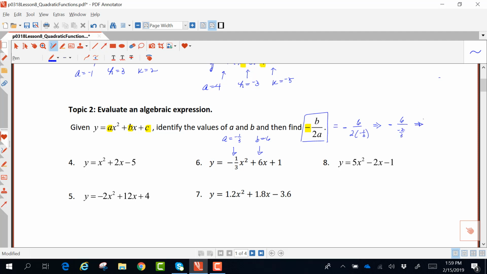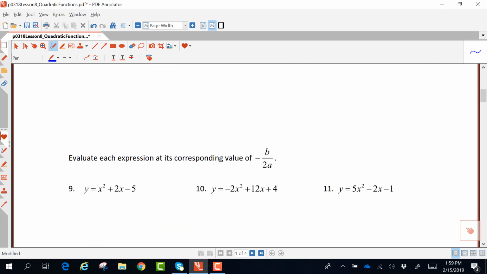Well, a negative divided by a negative is a positive, so we could refer to this as 6 divided now by a +2/3. And division by a fraction is the same as multiplying times the reciprocal, resulting in 9. So 9 is our -b/2a.